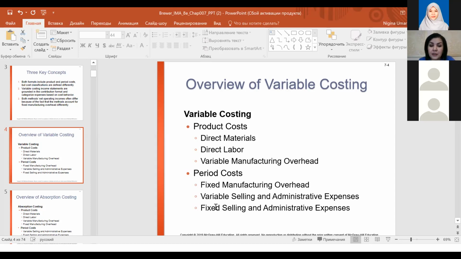So just keep in mind that selling and administrative expenses also may be variable and fixed, and they have been broken down here into variable and fixed portions. Okay, so if you noticed, in variable costing, we do not include fixed manufacturing overheads into the product cost.